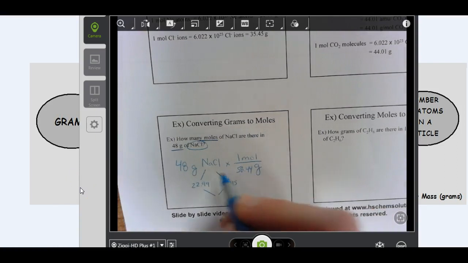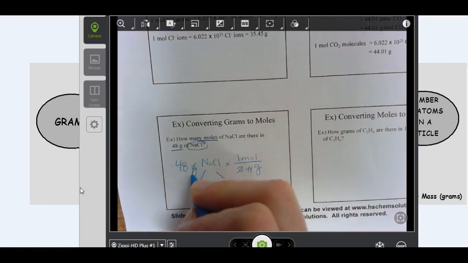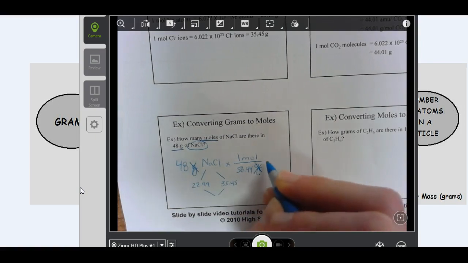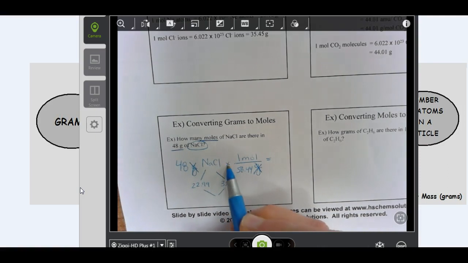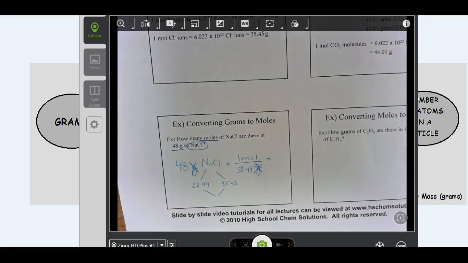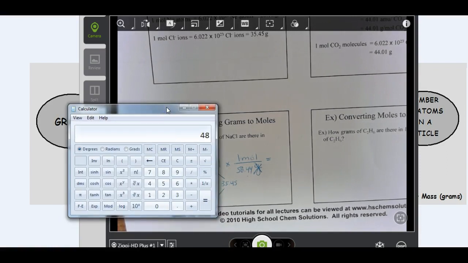All right, so you can see here grams is going to be divided by grams. So grams will cancel, and I'll just be left with moles. So 48 times, you multiply by the number on top, 48 times 1 divided by 58.44.